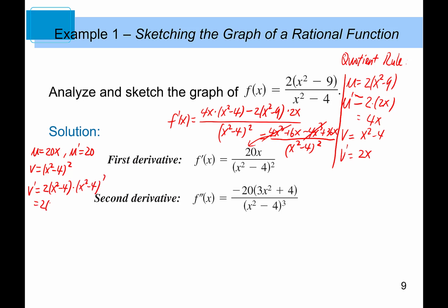So it's 2(x squared minus 4) times 2x. So that turned out to be 4x(x squared minus 4), so that is 4x cubed minus 12x.